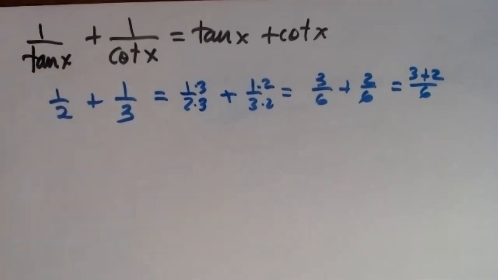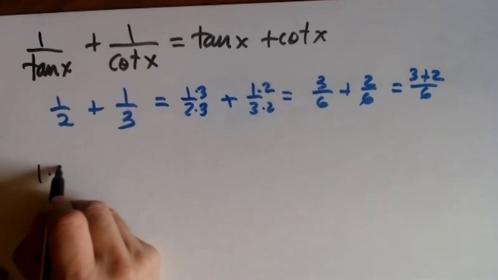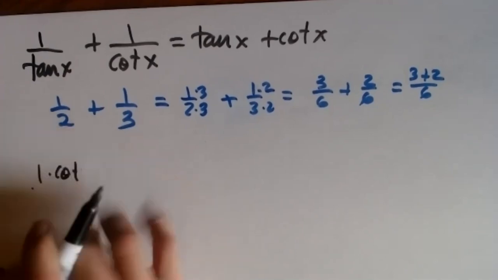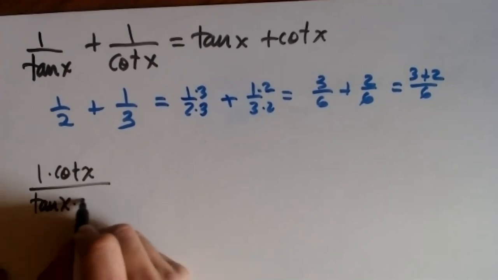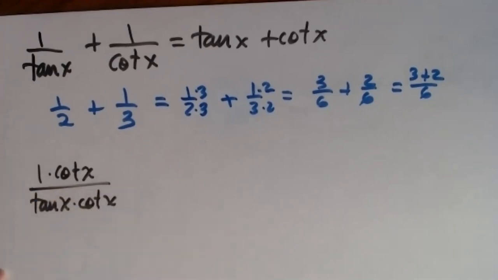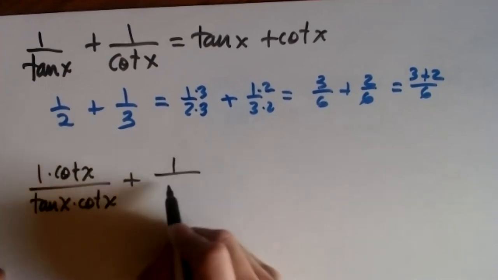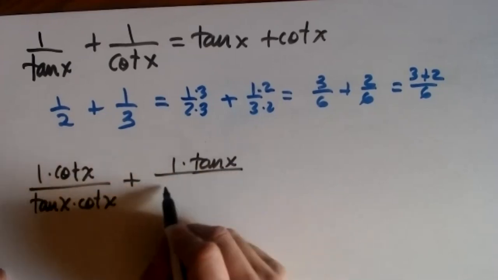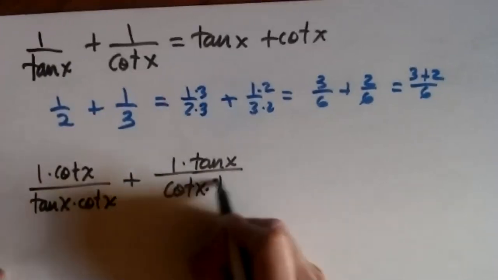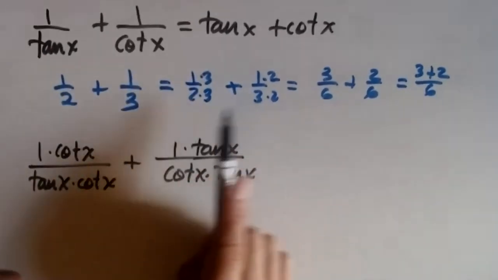We are going to try to do that. Okay, let's see. We have 1 times cotangent x over tangent x times cotangent x, correct? Plus 1 times tangent x over cotangent x times tangent x, correct? So I'm going to do exactly what I did here in this problem.